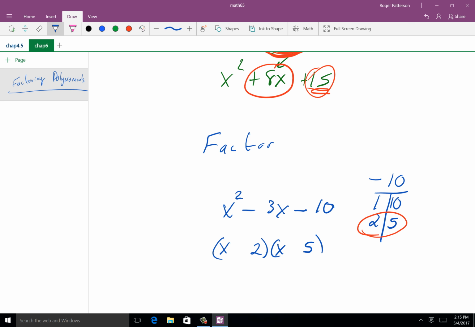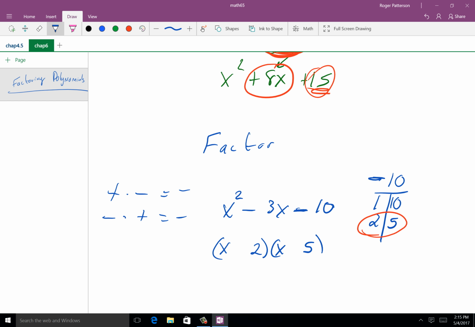So, because of the idea that a positive times a negative is a negative, and a negative times a positive is a negative, we're going to use that fact here. One of these has to be positive, and one of these has to be negative in order for me to get the negative 10 that I need. Right, because I have a negative there too.